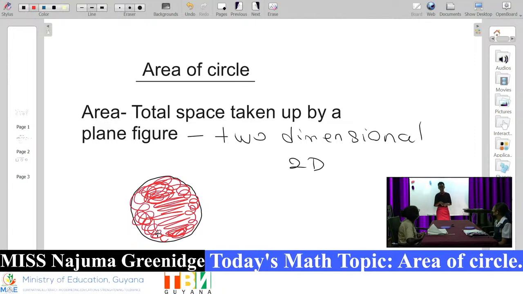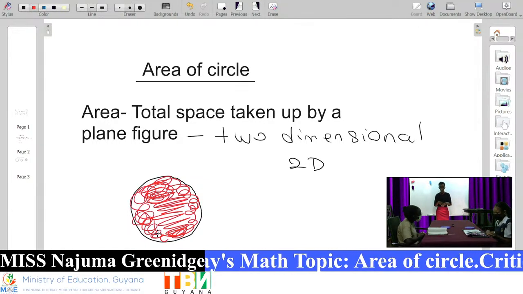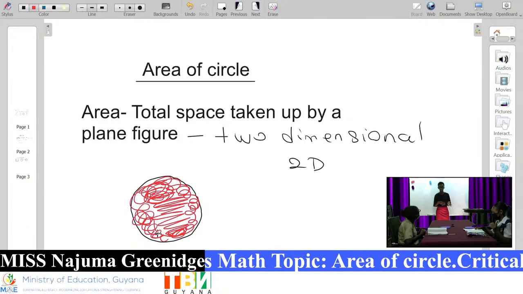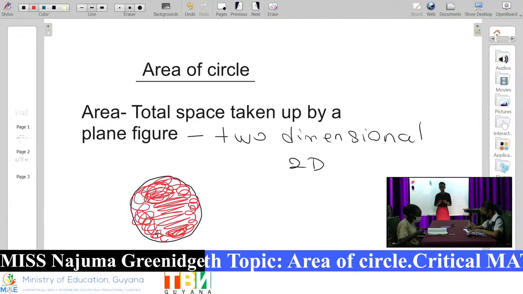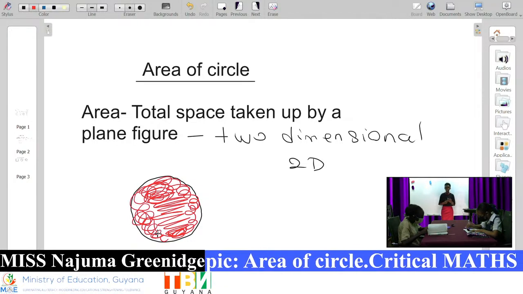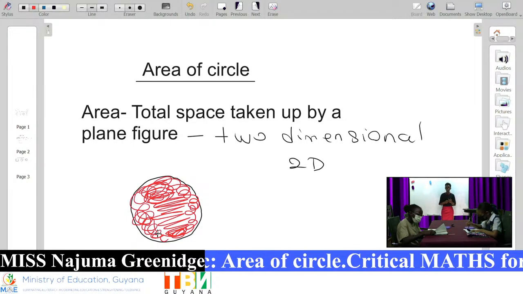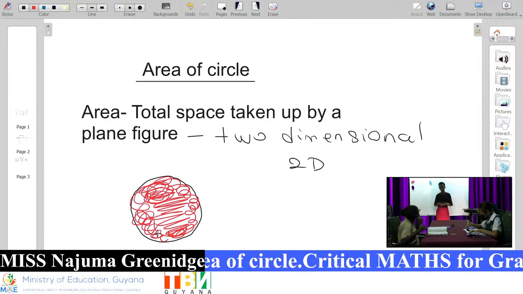So the last time we focused on the circumference of a circle, and we examined the relationship between the circumference and the diameter. And remember, we looked at different sizes of circles when we were finding the diameter of the different circles, remember? And as well, the circumference of the different types of circles.